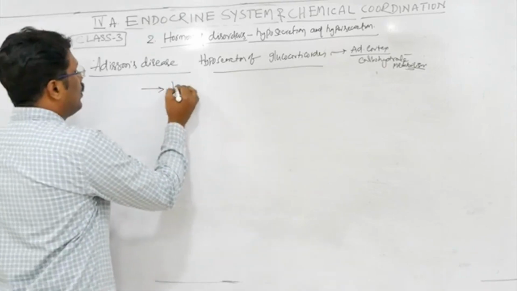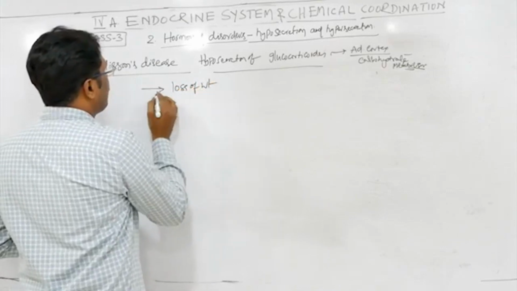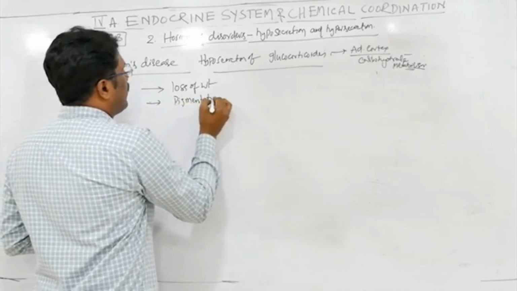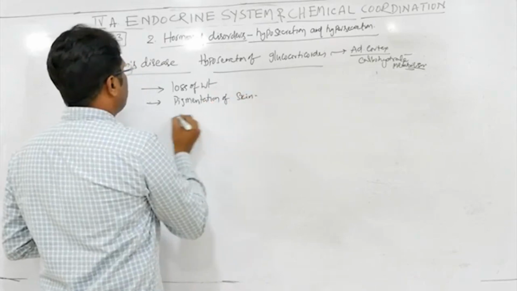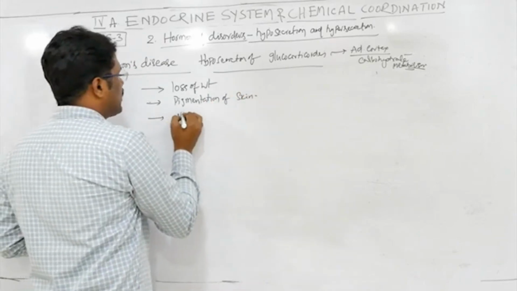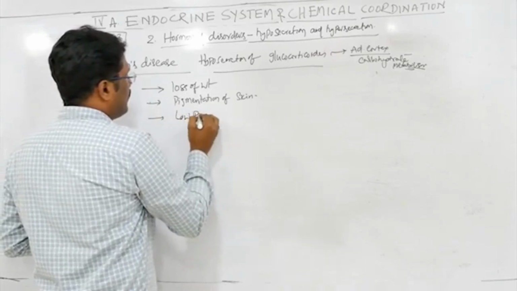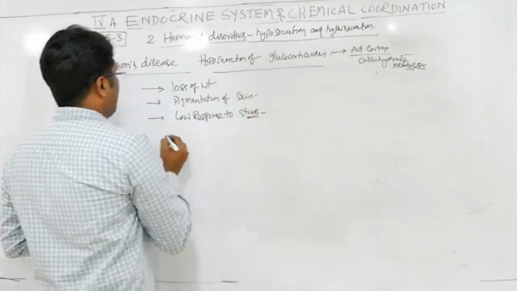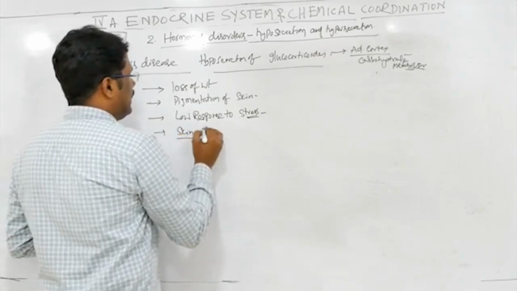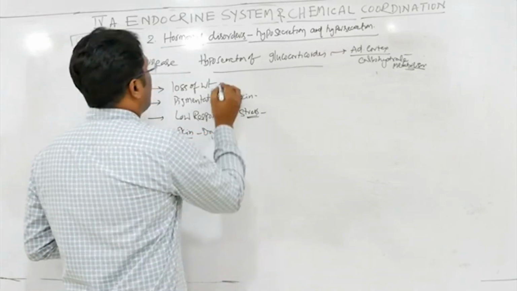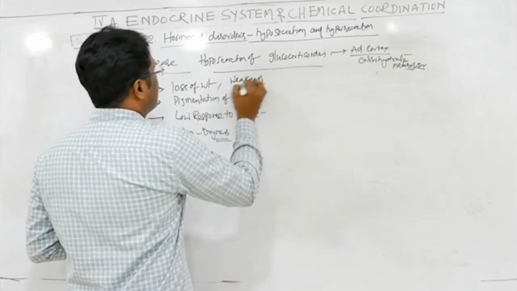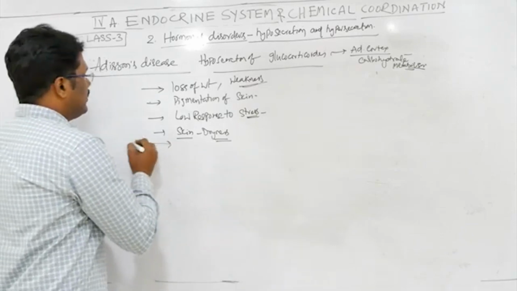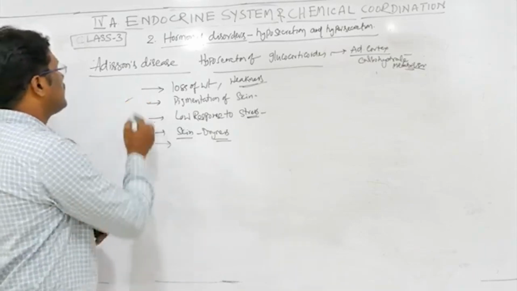Hyposecretion leads to loss of weight, pigmentation of skin, and no response or low response to the stress, and skin shows dryness and weakness is also associated with Addison's disease. So these are some of the characters of Addison's disease.